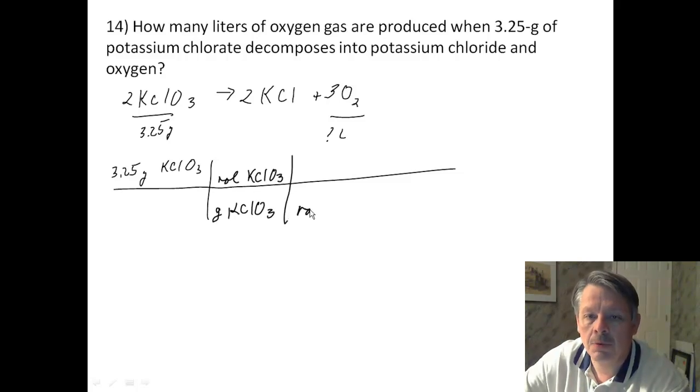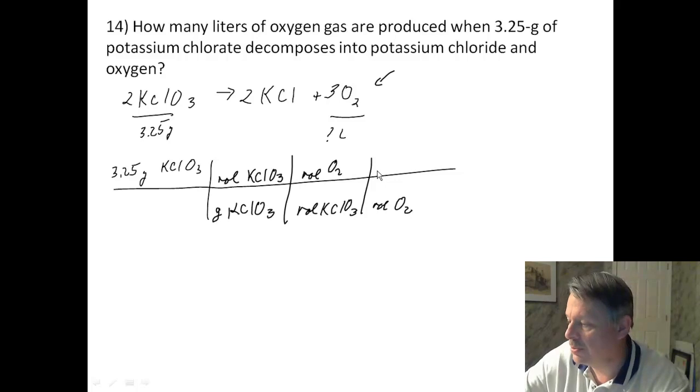And we have to get rid of moles of potassium chlorate and go to moles of oxygen, since our target is oxygen. Then we get rid of moles of oxygen, and our question asked us for liters of oxygen, so we specifically have to go to liters of oxygen.